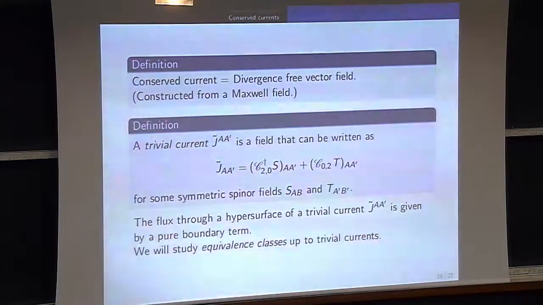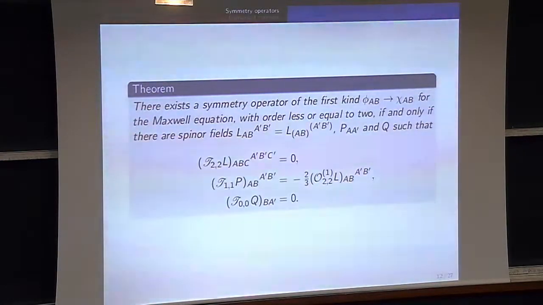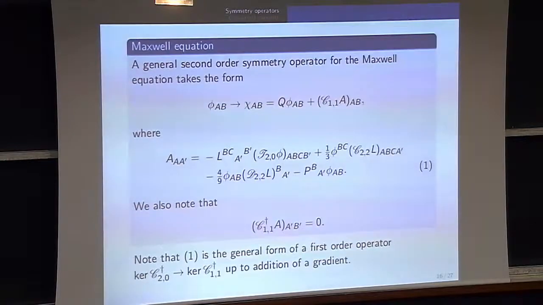If we go back a few slides, oops, sorry, that was too many slides. Here, we see that at least for a second order symmetry operator, we did get this potential form. We have only proven that for second order, so we don't know if that holds for higher order, but it's very unlikely that it would not hold.